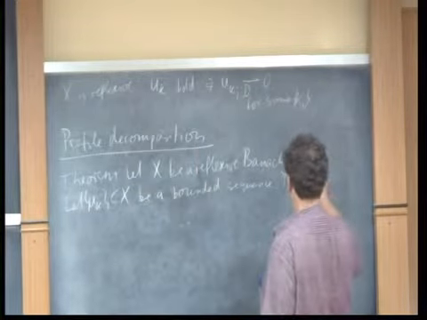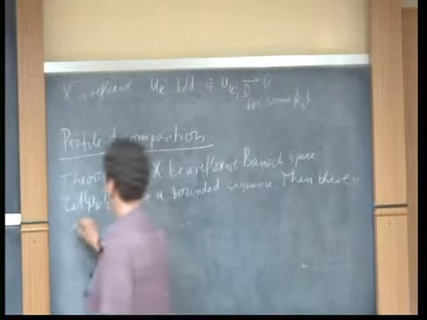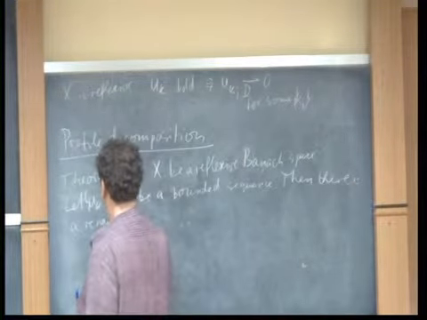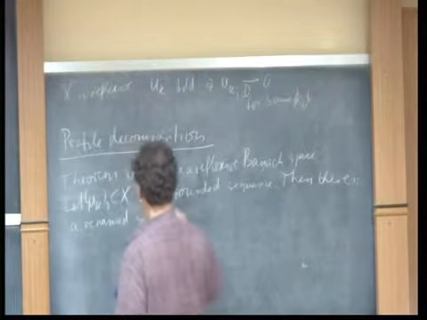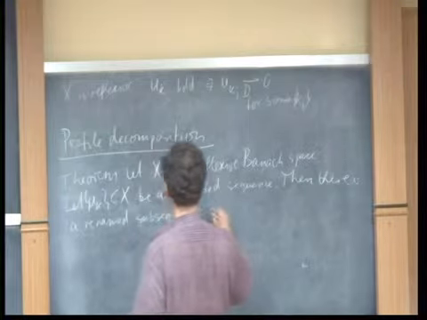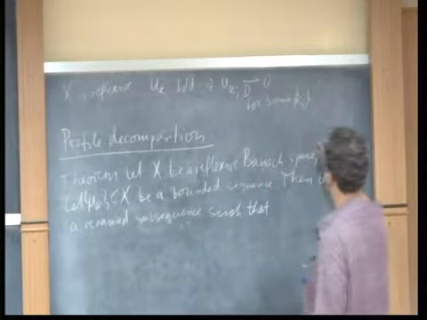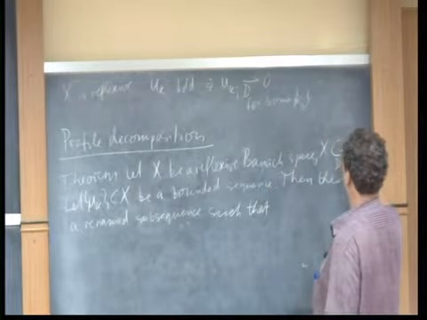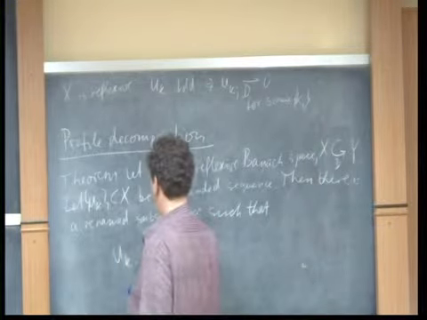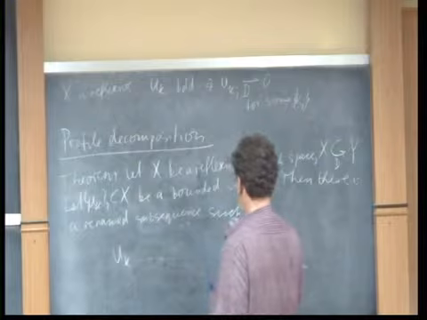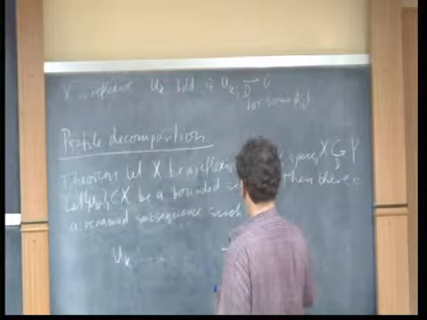Then there is a subsequence, renamed, such that, I will add here immediately, X is co-compactly embedded into some Y, such that u_k converges to 0.